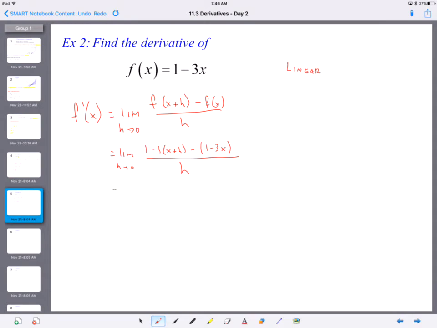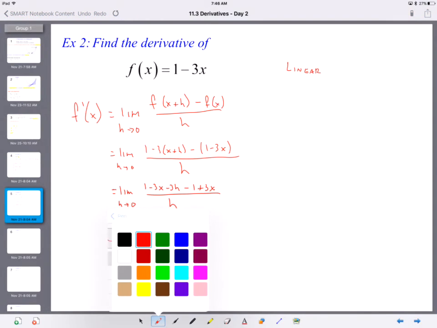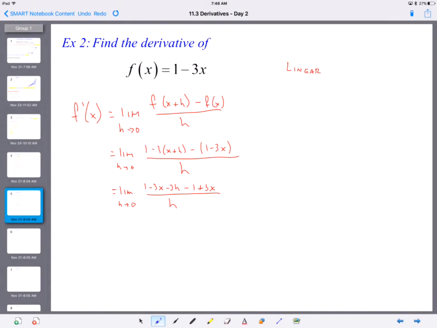So now simplify. The limit as h approaches 0 of 1 minus 3x minus 3h minus 1 plus 3x all over h, and then once again look for what things are going to cancel. The negative 3x, the positive 3x, the 1, the negative 1.